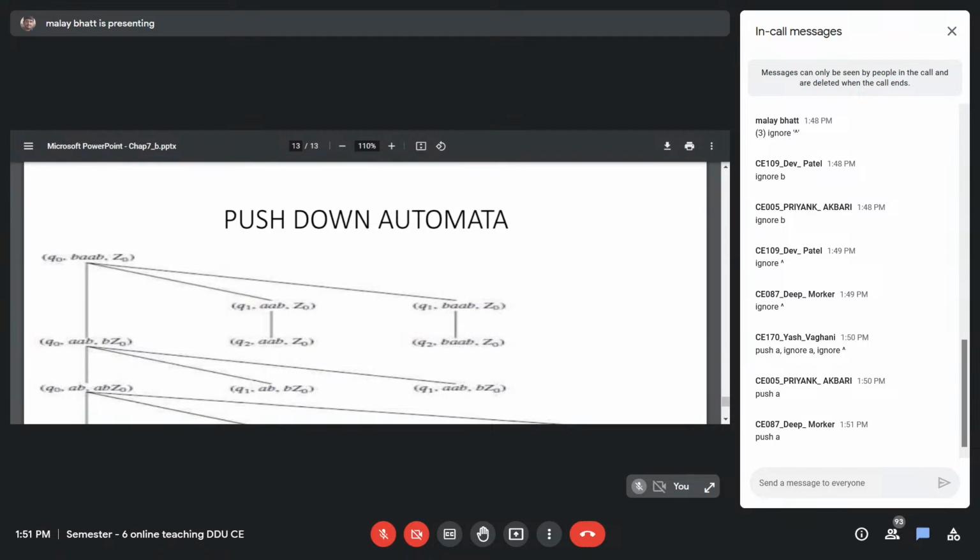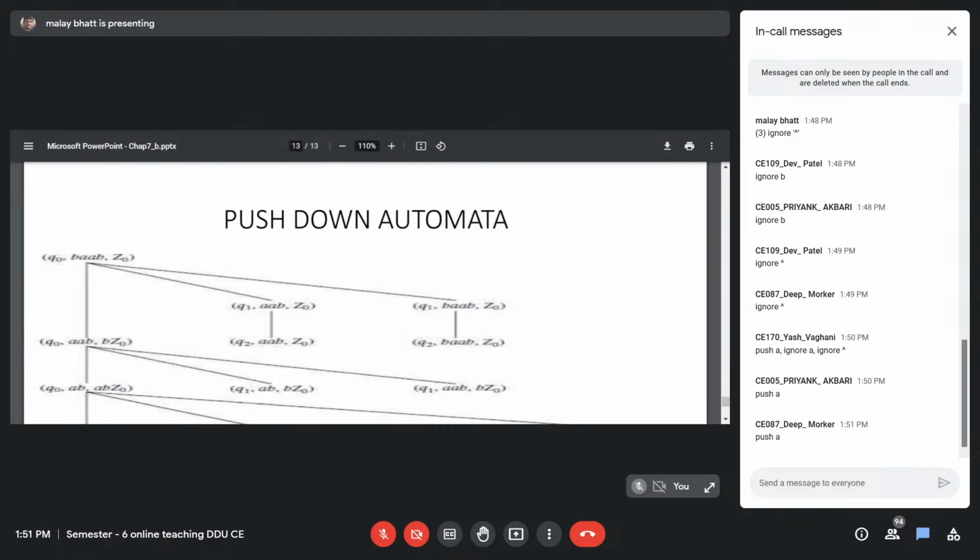So again, you can see at this level, the middle branch will crash because Q1 null BZ0, or Q1 AB, there is no such rule. Q1 AB is not there. Q1 null BZ0 is also not there. So that branch will crash.